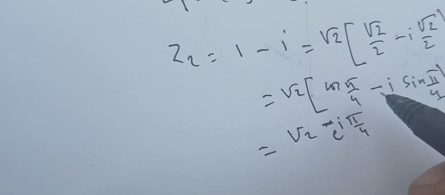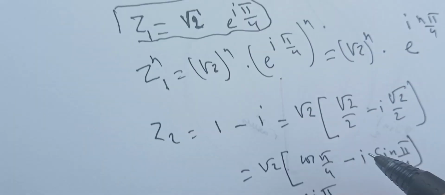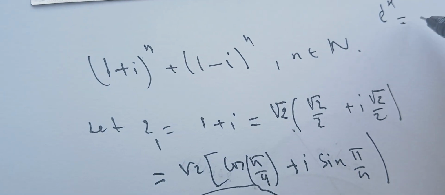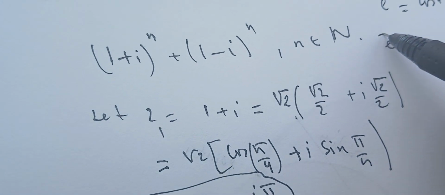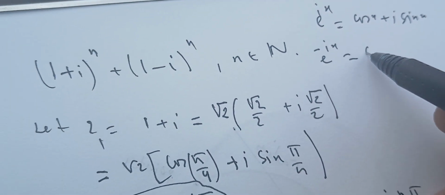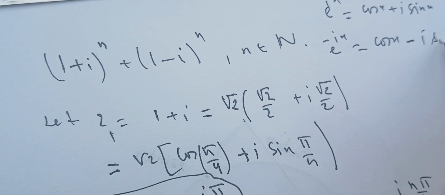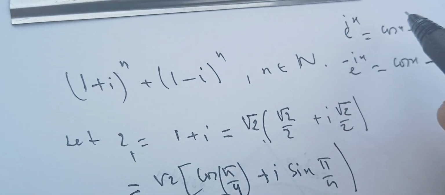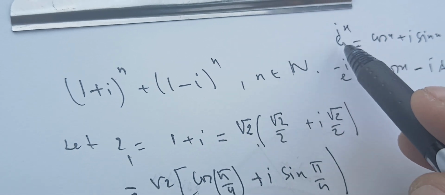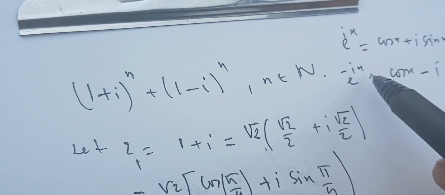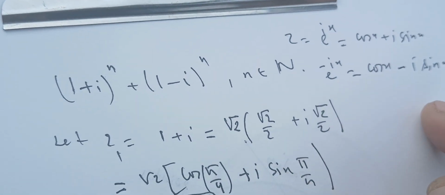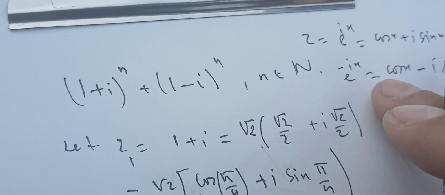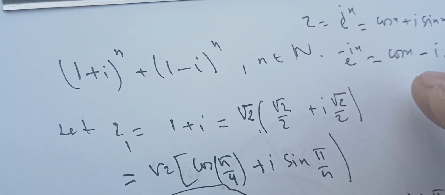Because remember, in the exponential form, e to the ix is cosine x plus i sine x, and e to the minus ix is cosine x minus i sine x. In fact, this is the conjugate of this one, so if you call this one z, this is z bar. Check my other videos. I'll come back to this to do more problems to make it clear.